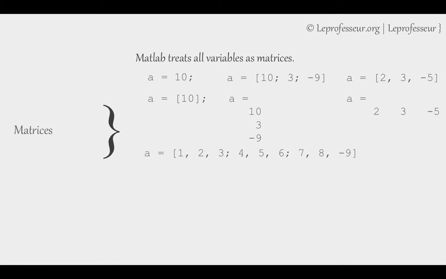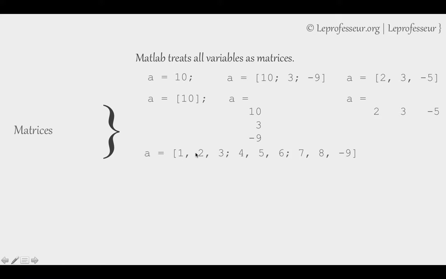Now let's talk about a little more complex matrix. Let's say we are writing A as 1, 2, 3 and then semicolon. Okay. So what does it mean? That 1, 2, 3 makes a row, because semicolon is separating the rows, and within that row we have 1, 2, 3 meaning 3 columns.